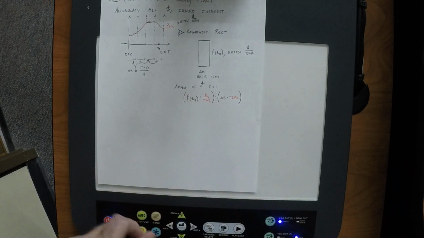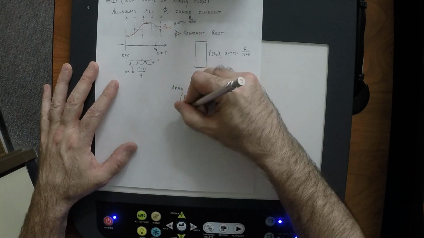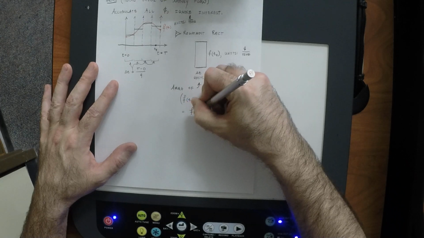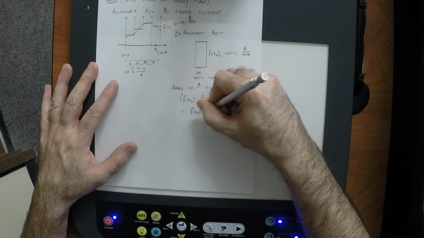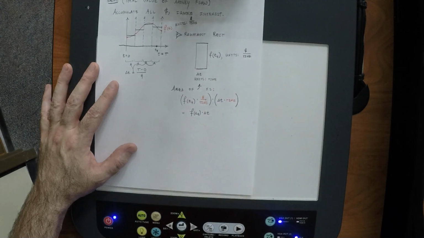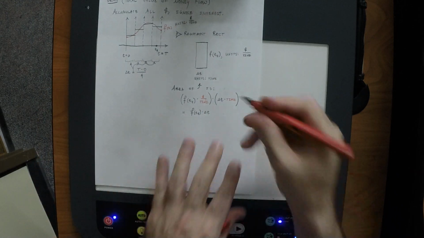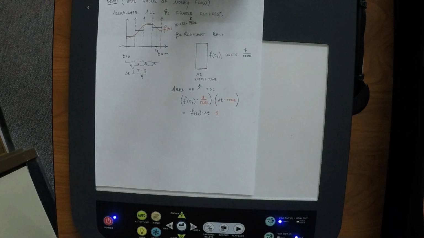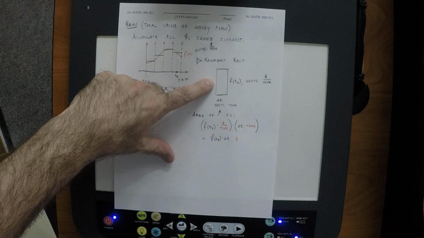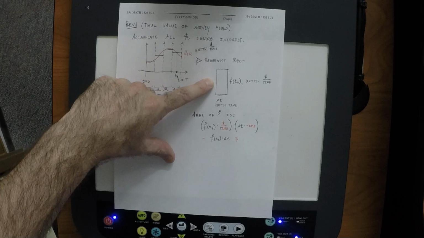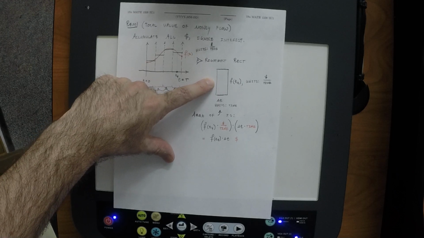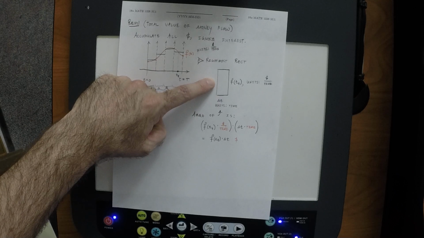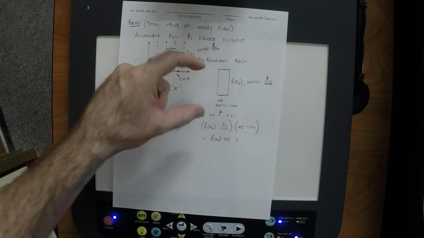Yeah? So then, as a result, this is just equal to f of t4 delta t. That's the numerical value. And then the units are dollars. So what I'm telling you is that when we were dealing with this back in the day, this was just area. But do you understand that this rectangle is money? That's what this is. The area of it.